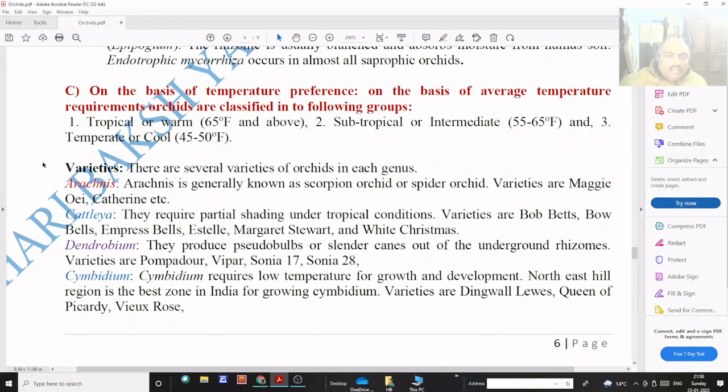If we go for the study of the varieties, it may be worth mentioning here that, as I told you in the very beginning, Orchidaceae is the largest family among flowering plants, having a good number of genera, about 800, and about 35,000 species.